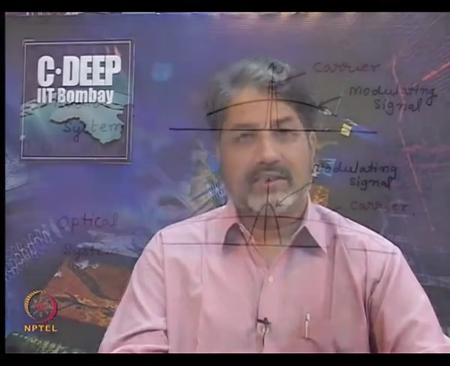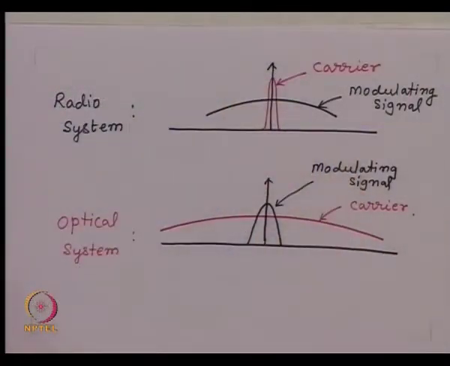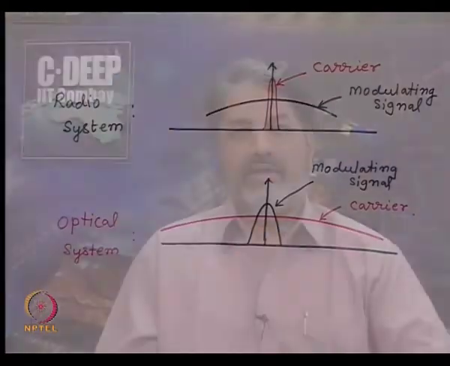So, what we find is that because of this situation, that the carrier is much broader compared to the modulating signal, intrinsically, for optical communication, the modulation process which is possible is the simple amplitude modulation process.